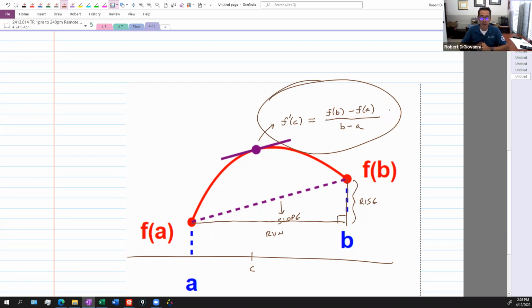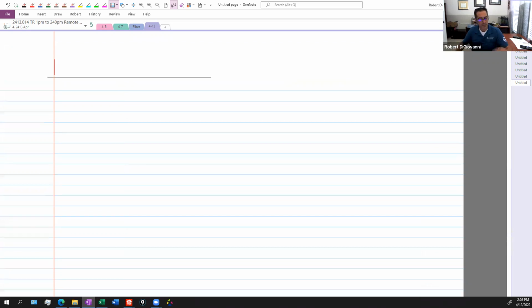So let me show you how we would use this, what sort of problem you would be asked to do, because these problems are a little strange. Verify the mean value theorem for f of x.